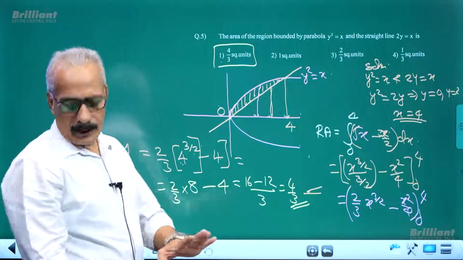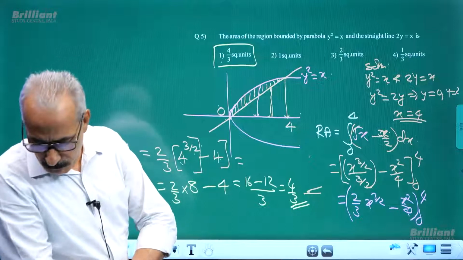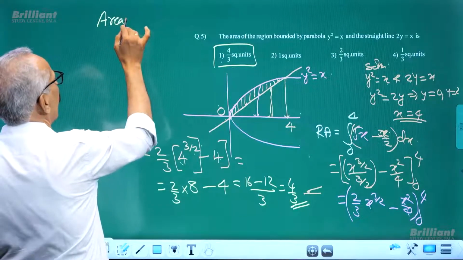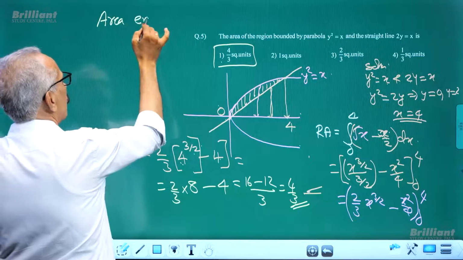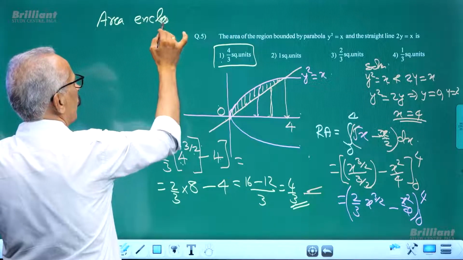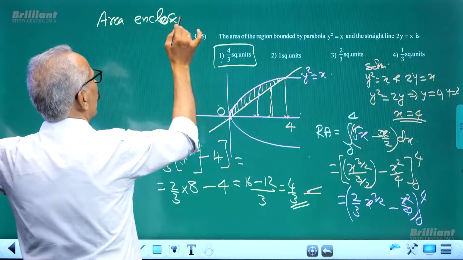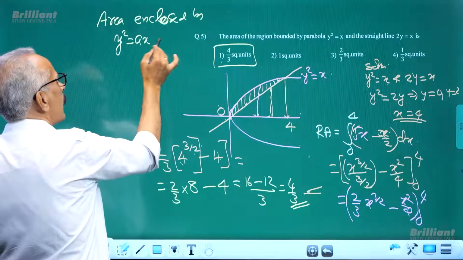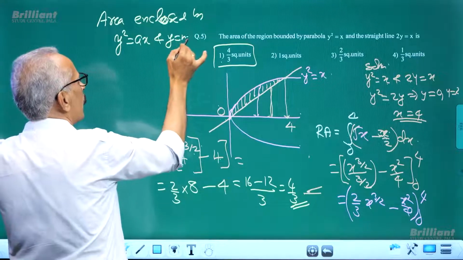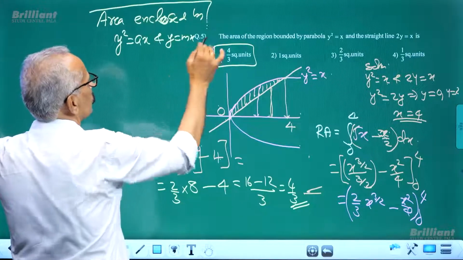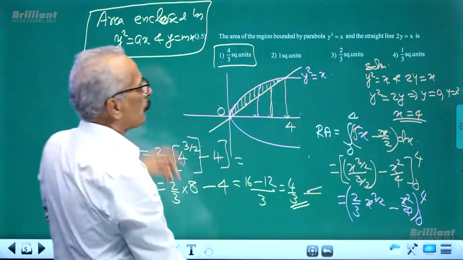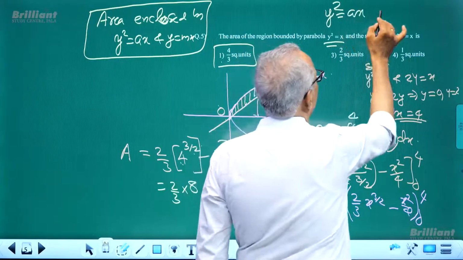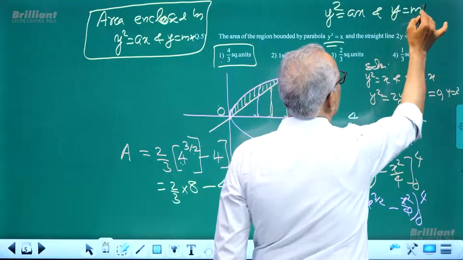Now, I'll give a secret formula. You know the formula. That is the area enclosed by y square is equal to ax and y is equal to mx. Remember this. You need not solve this type of questions.